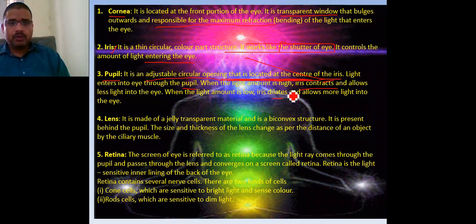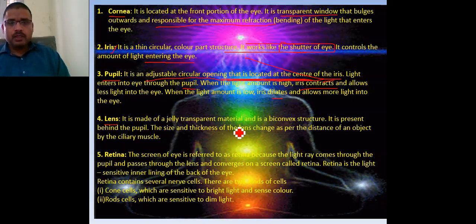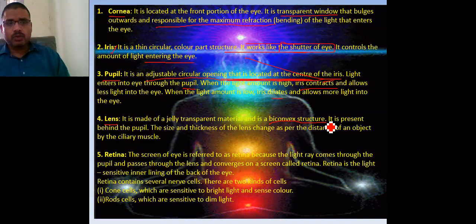There is a lens. This lens is a convex lens with a biconvex structure, as given here. That means both surfaces of the lens are convex. It is present behind the pupil. The size and thickness of the lens change as per the distance of the object, by the ciliary muscles. The lens is joined with the ciliary muscles. Whenever maximum light is required, the lens also expands with the help of the ciliary muscles.